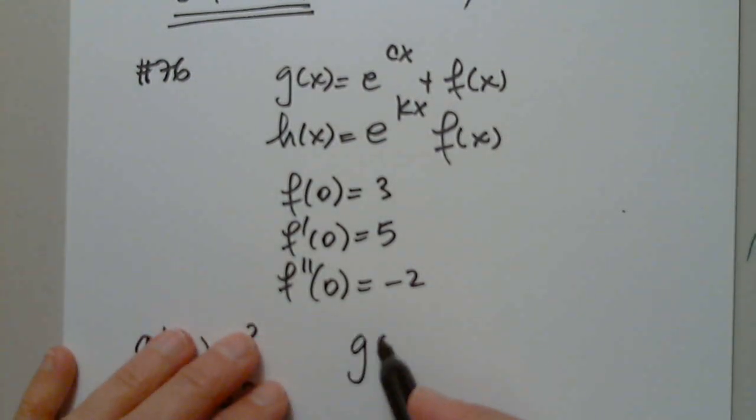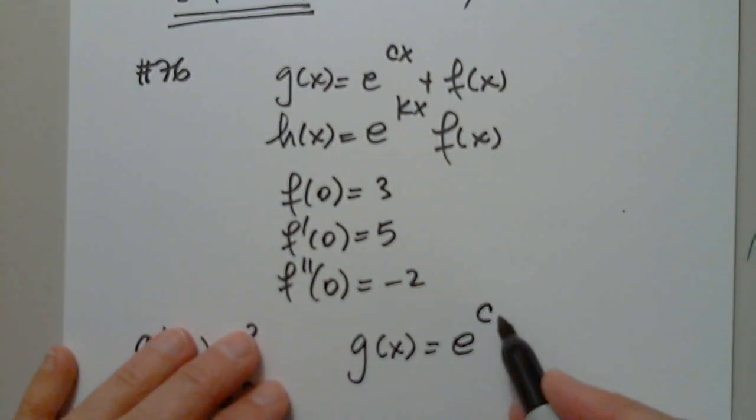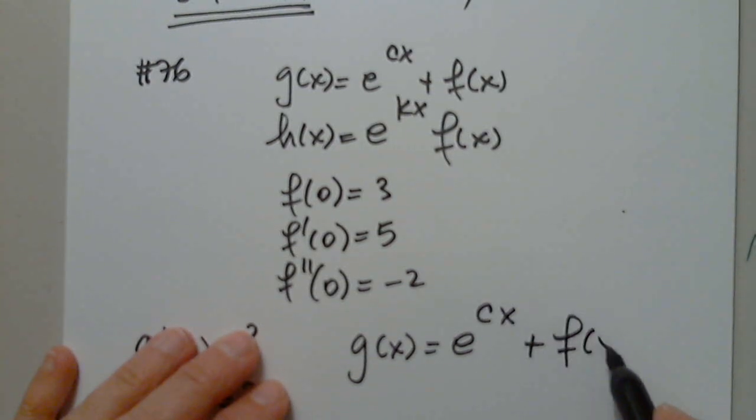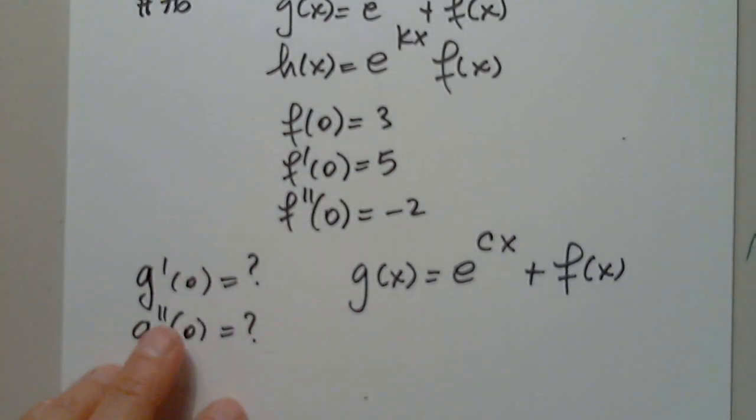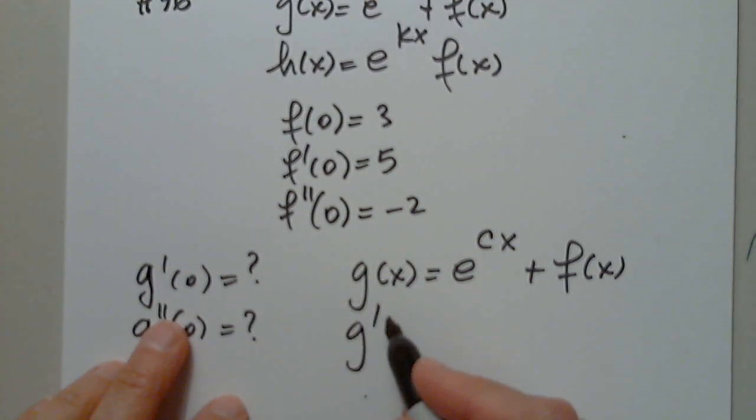So we have g of x equals e to the cx plus f of x, some differentiable function. They should have told us that f is a differentiable function, but they are giving us f prime of 0 and f of 0, and it's assumed that it's differentiable. Good. So in order to find g prime of 0, I have to find g prime of x.